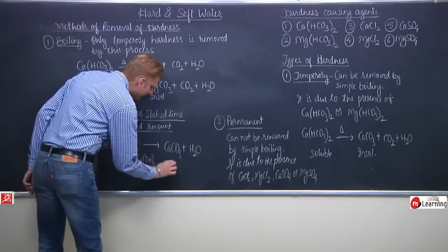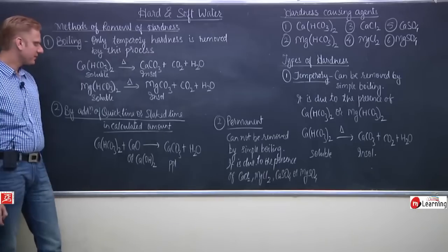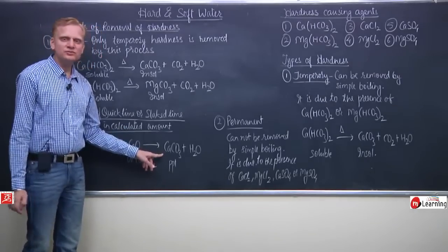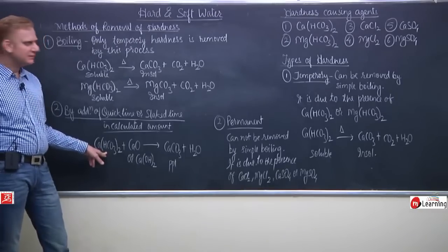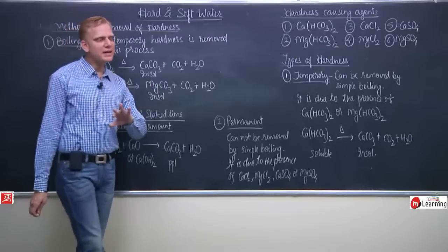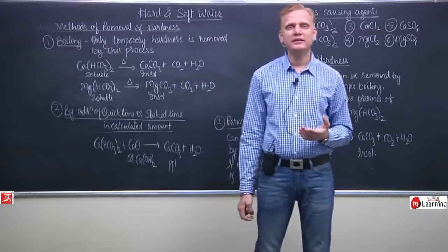Once again the carbonate is precipitated out. You can observe here once again that the hardness due to bicarbonate can only be removed by this process, because the bicarbonates convert into carbonate, calcium carbonate.